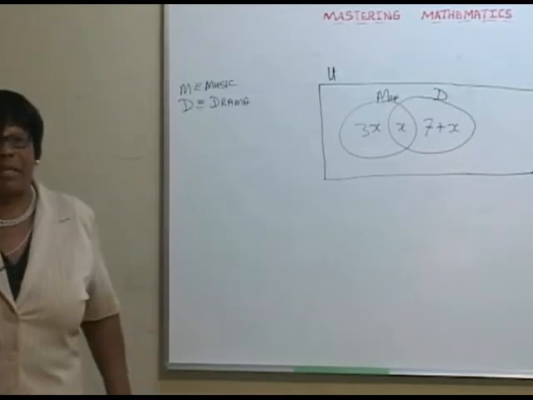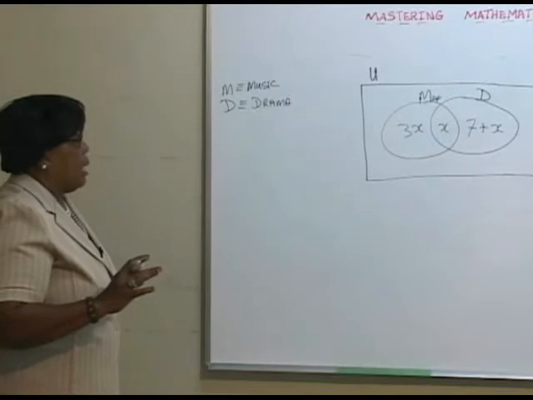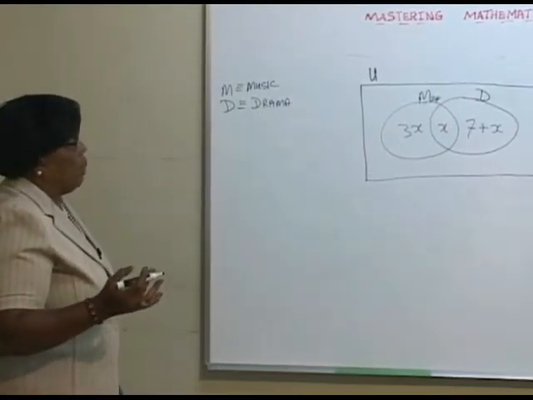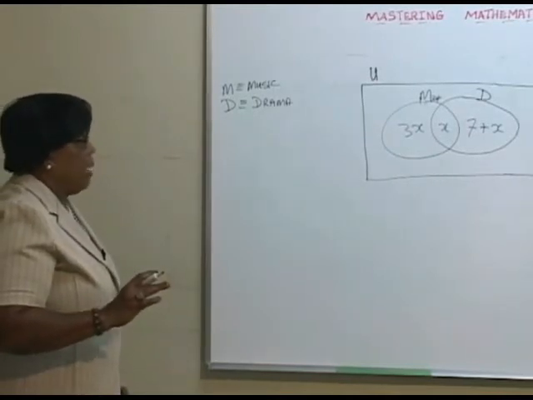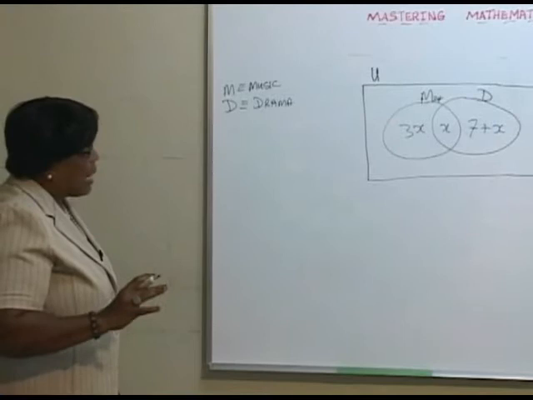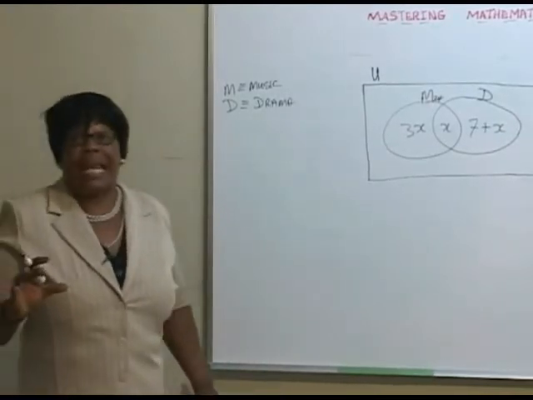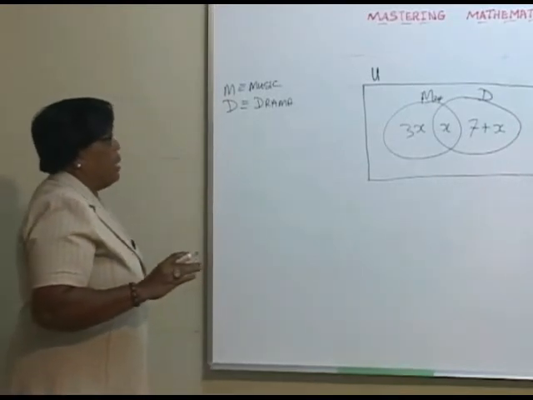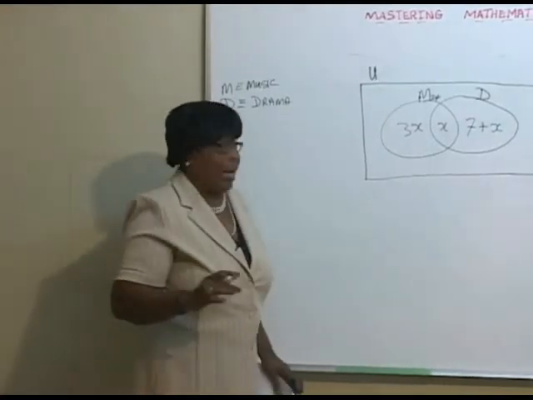We know that there are 24 members taking music, and we have music only 3x, and music and drama, which is now a part of our M set, we have x. Can we use that information to find what we're looking for? I would say yes, because once we find the value of x, we know how many they have in the intersection, okay? How are we going to do that?